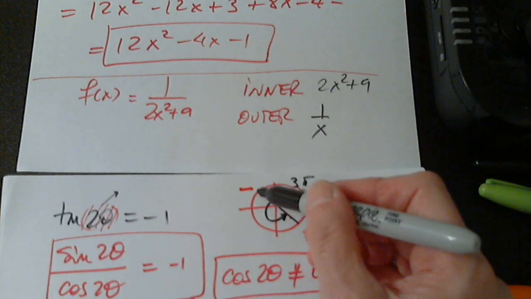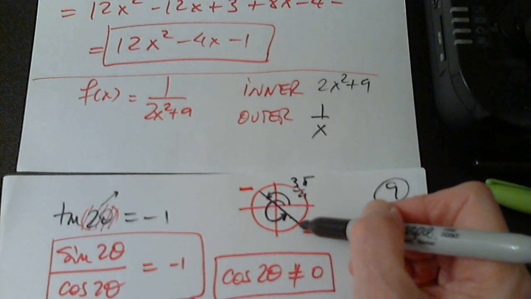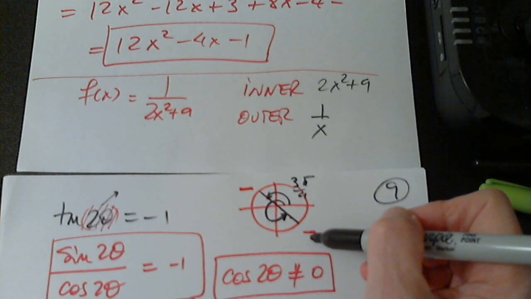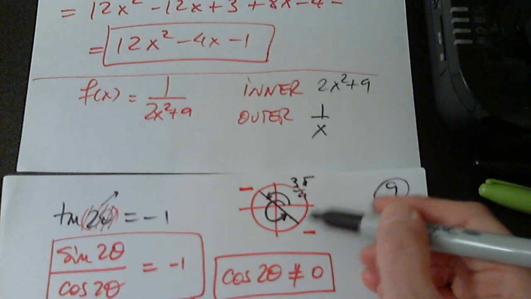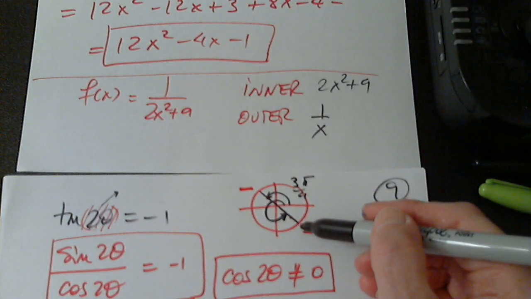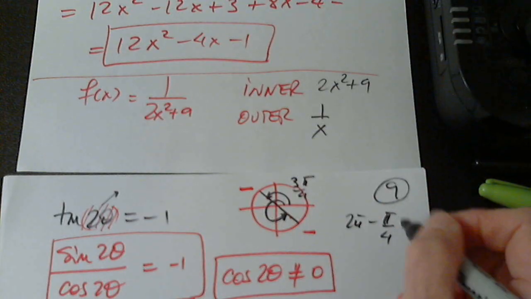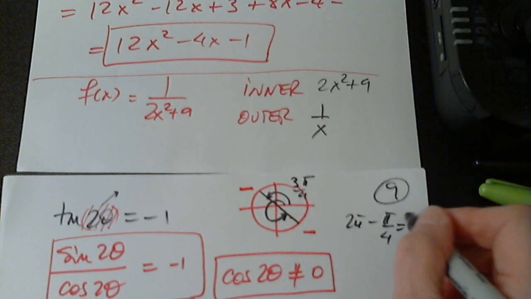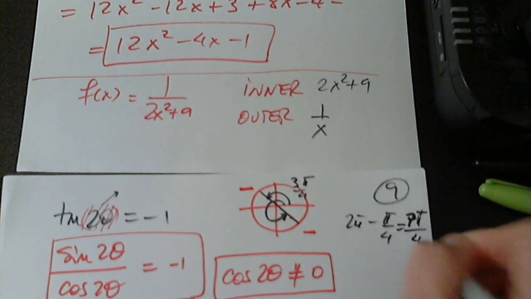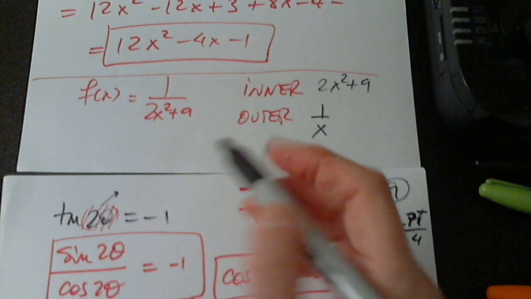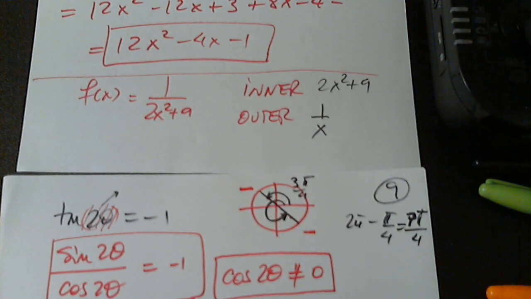One terminal side has to be in the second quadrant, the other terminal side has to be in the fourth. And we know that this is 2 pi minus pi over 4, which is 8 minus 1, or 7 pi over 4. So there are two possibilities. 2 theta is 3 pi over 4.